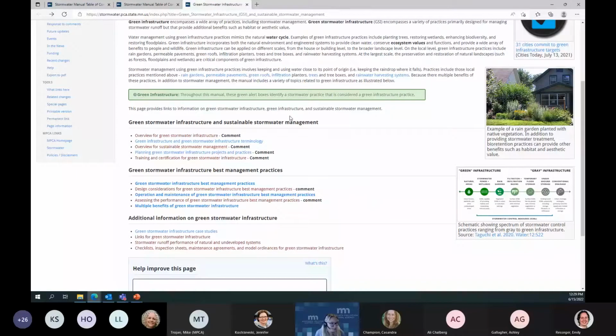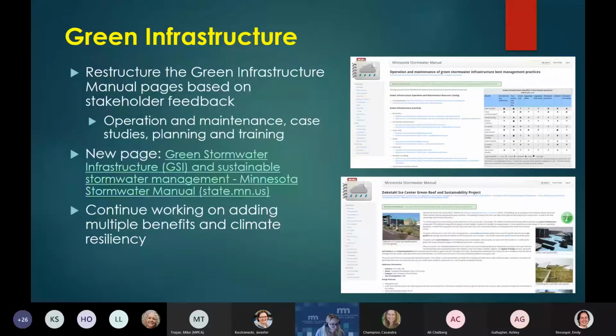Oh, and the last piece I did not touch on, but another element that was kind of important, was the training and certification piece for green infrastructure that the stakeholders were interested in, and we're working on what that would look like in the future. The last thing, continuing to add information into the manual and working on adding the multiple benefits, as I mentioned.